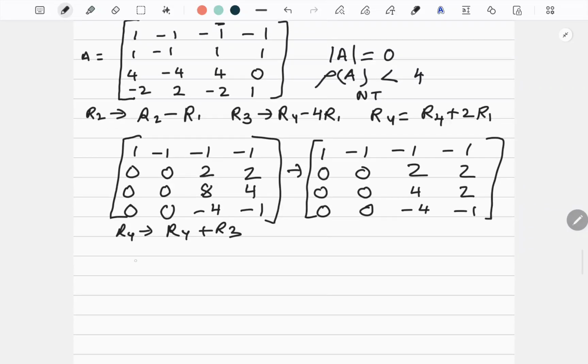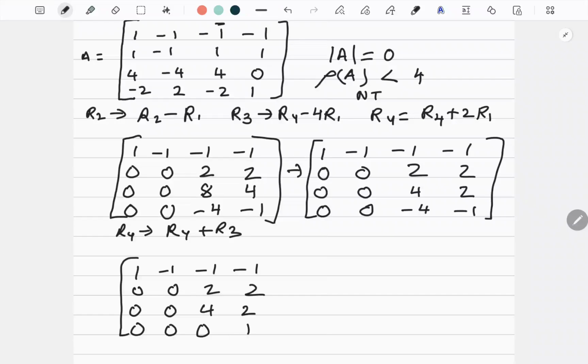So what will you get? 1, minus 1, minus 1, minus 1; 0, 0, 2, 2; 0, 0, 4, 2; 0, 0, 0, and this will become 1. Correct? Because we are adding it.